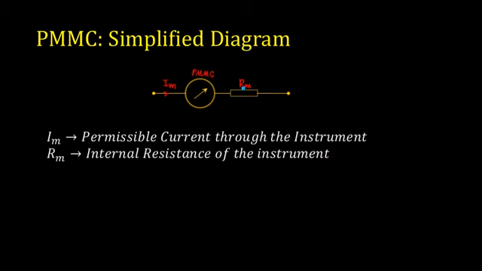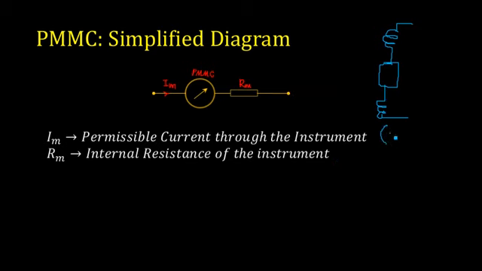And this internal resistance of the meter will be including the hairspring plus the coil arrangement, and then you have the second hairspring. So the entire resistance will be included as the internal resistance of the instrument.